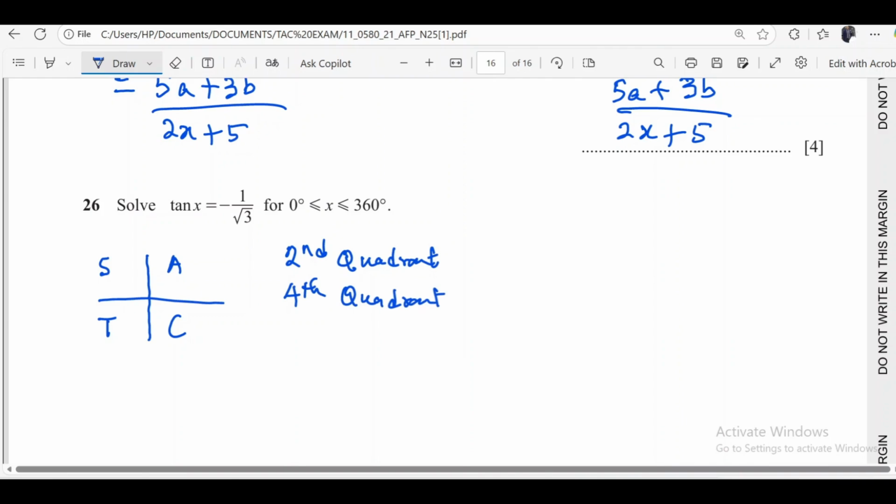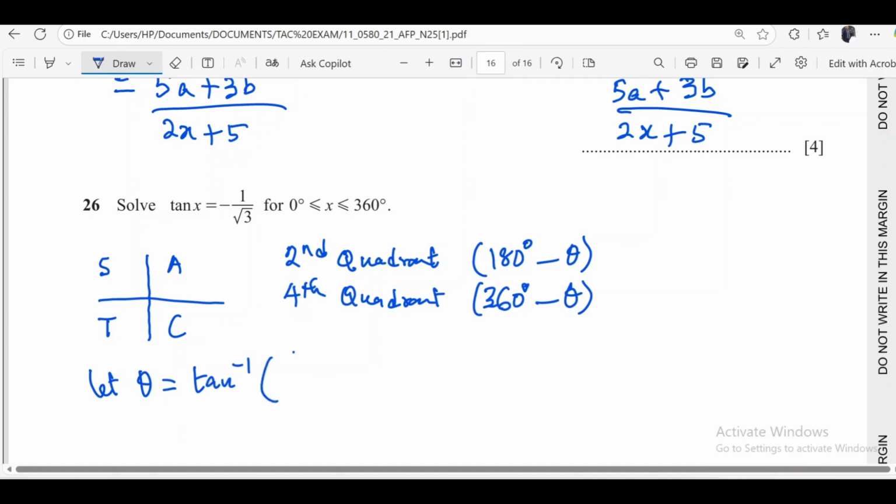Now remember, the condition for the second quadrant is 180 degrees minus the acute angle theta, and for the fourth quadrant it is 360 degrees minus the acute angle theta. So here we need to get the acute angle, so we can say let theta be the arctan of 1 over root 3.